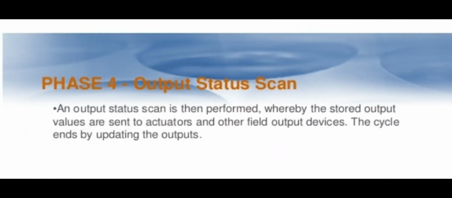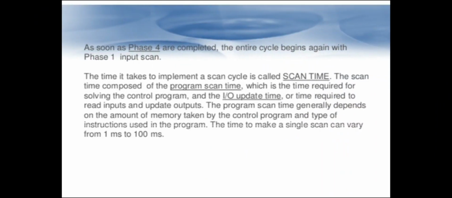And the fourth phase is an output status scan, whereby the stored output values are sent to actuators and other field output devices. The cycle ends by updating the outputs. As soon as phase 4 is completed, the entire cycle begins again with phase 1, the input scan.